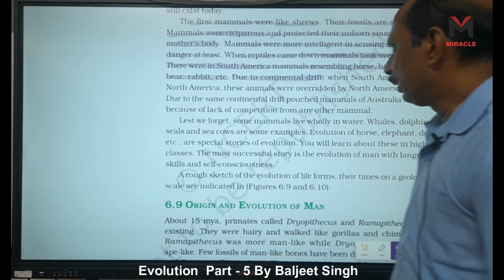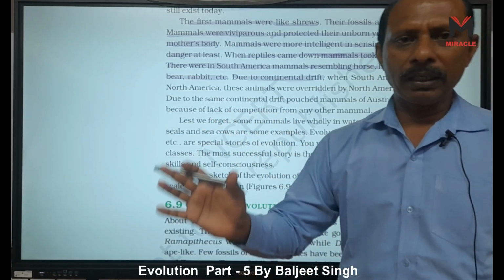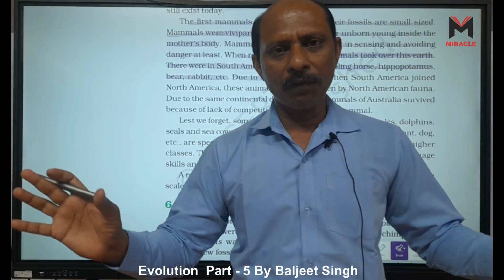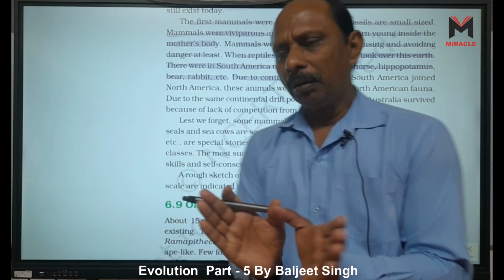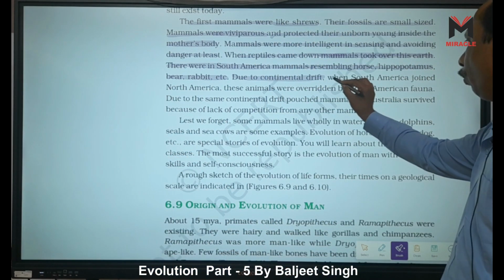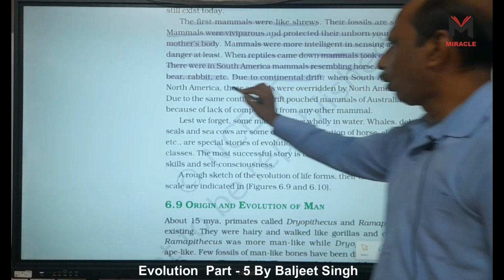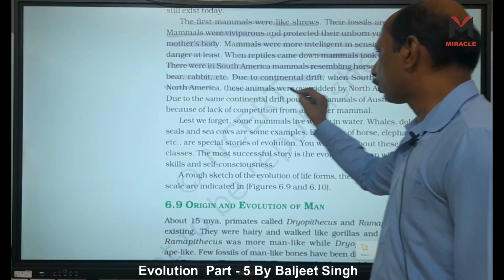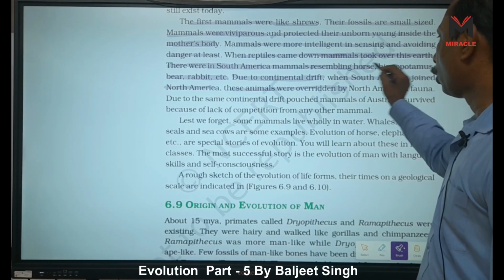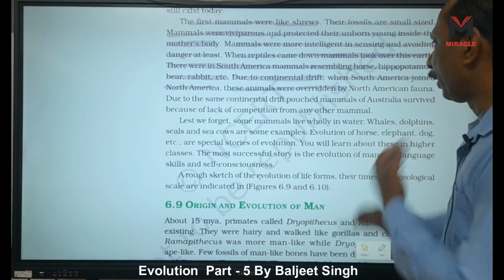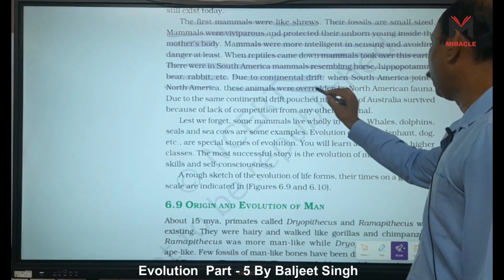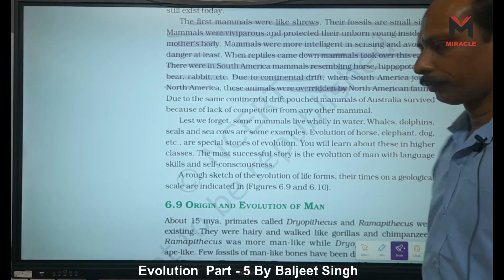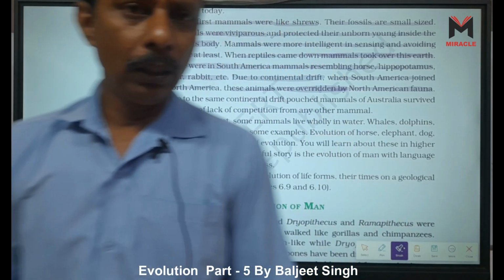These two, South America and North America, initially were different, but after some time they came close together and joined. When South America joined North America, these animals, like horse, hippopotamus, bear, rabbit, etc., were overridden by the North American fauna. They came to North America.